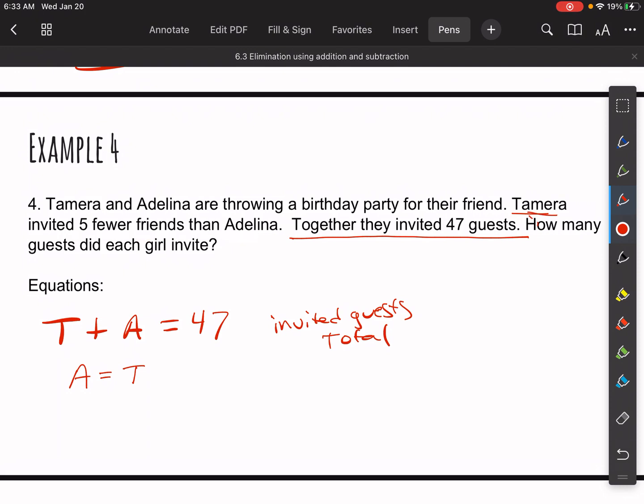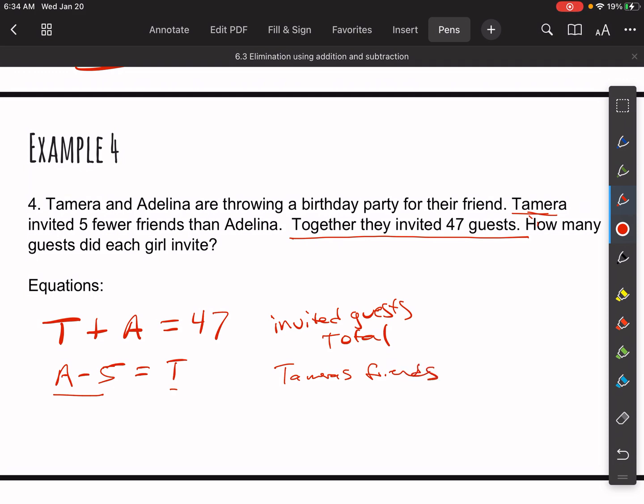Okay, so let's think about this again. If it's fewer friends than Adelina, then we can say that Adelina minus 5 is equal to T, Tamara. Right? Adelina minus 5 friends is equal to Tamara's friends. So this is in terms of Tamara's friends.